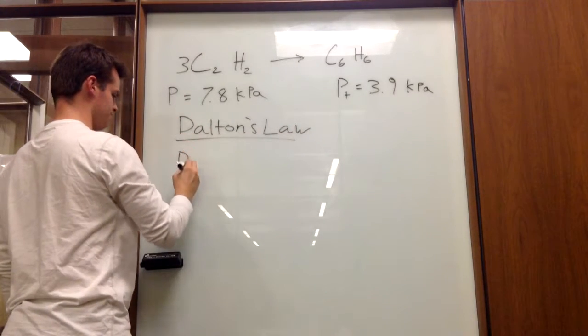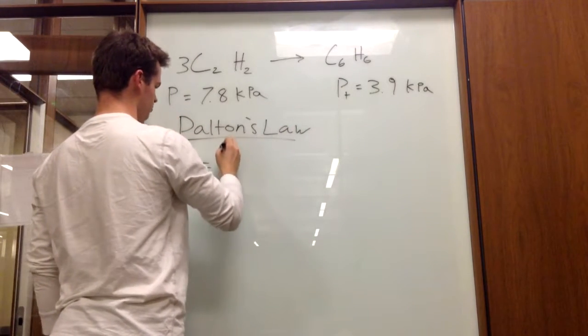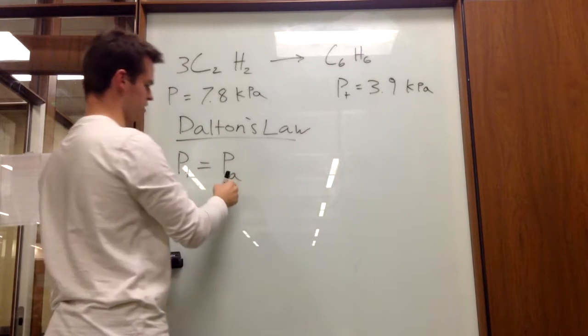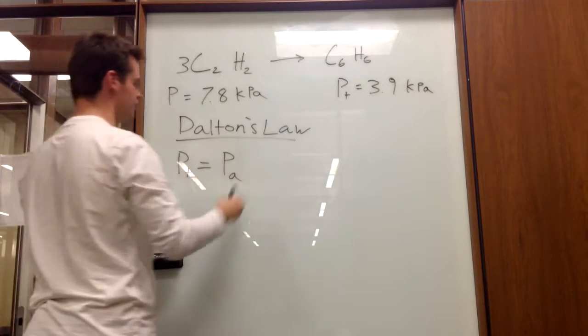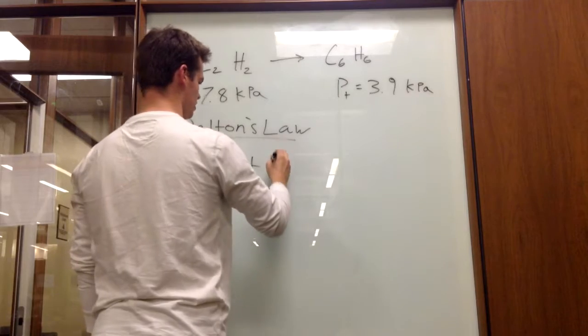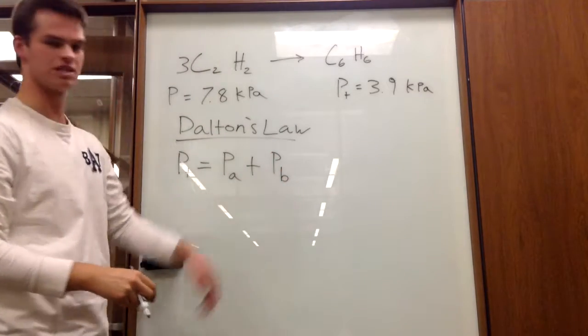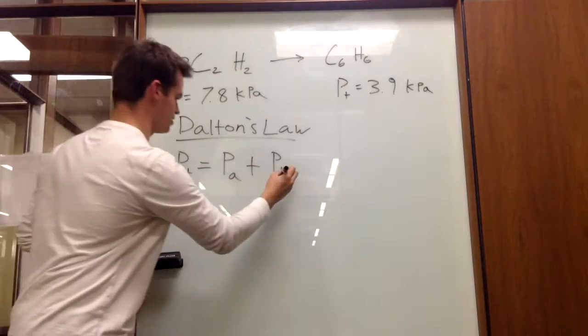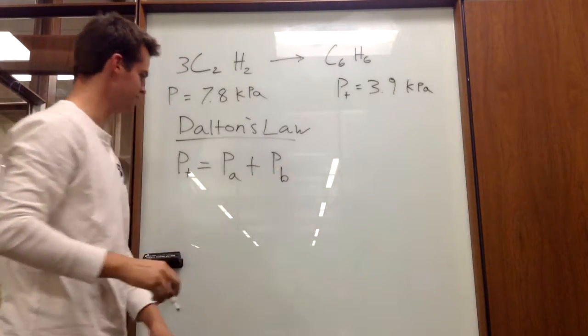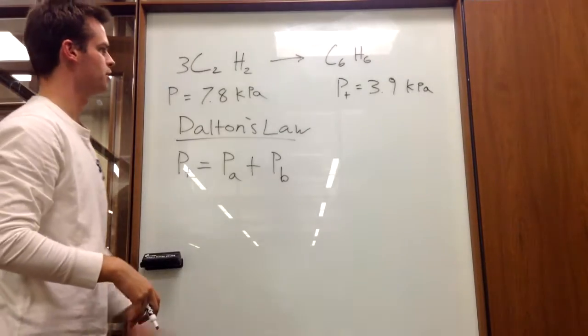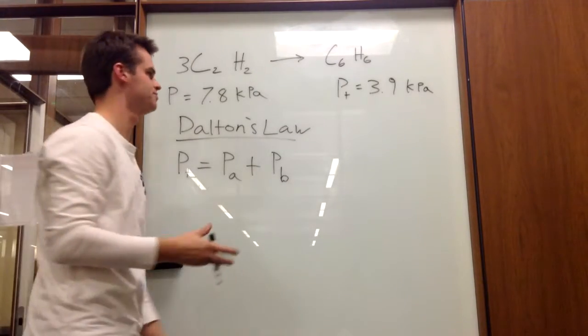The total pressure is equal to the pressure of acetylene in our case, so we're going to represent that with an A, plus the pressure of whatever gas you have left, and because we have benzene, we're going to use a B.